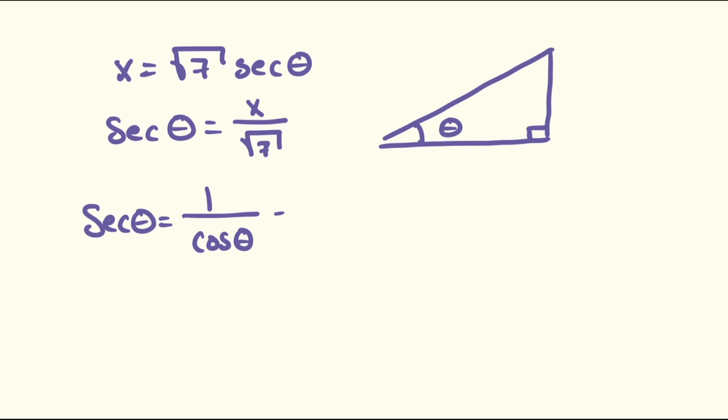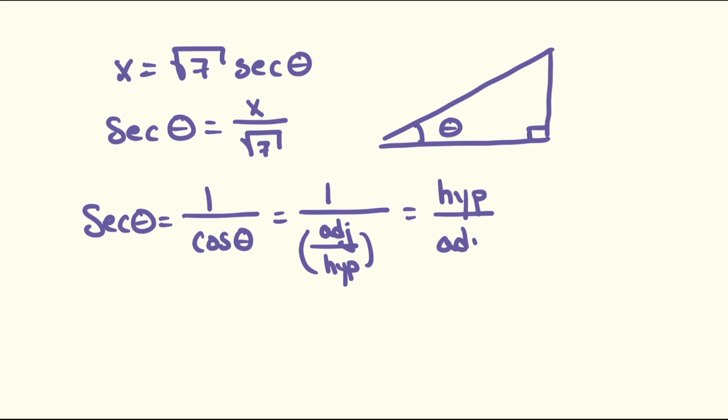There's no point. Those brain cells are better used for other things. But cosine of theta, that is one that we should memorize, and that one is adjacent over hypotenuse. And since we have a 1 divided by a fraction, we can flip our fraction and get our solution there.